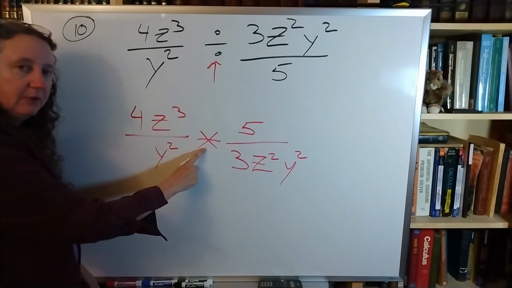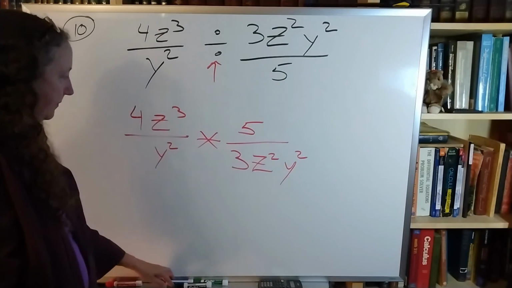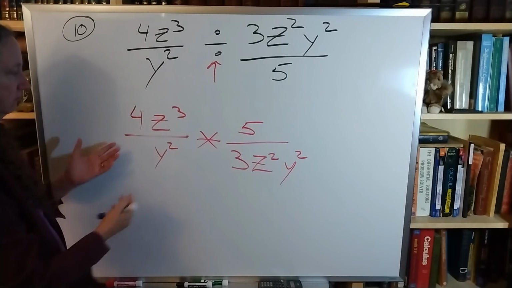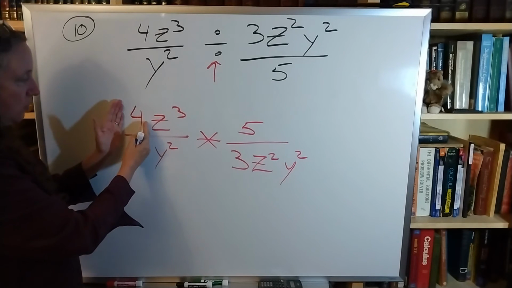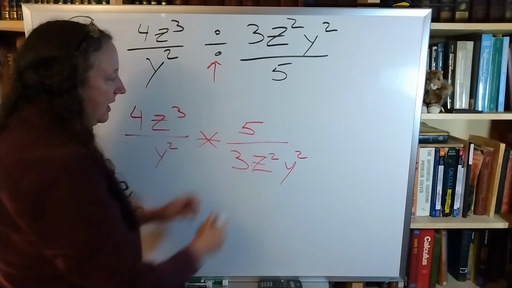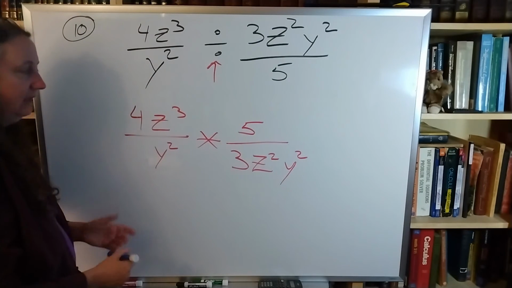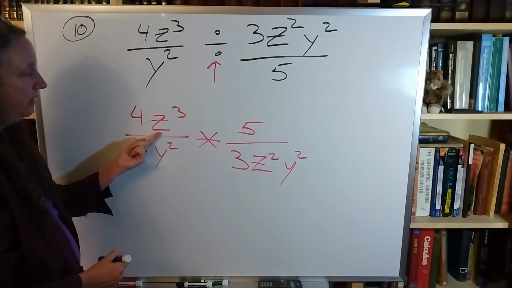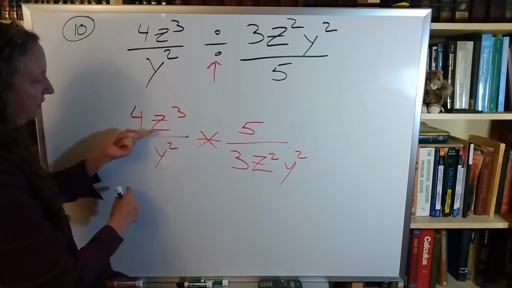Now that I have times, I'm allowed to reduce. So I am looking for my numbers. I have a 4, a 3, and a 5. I don't see anything I can reduce there. I have a z to the 3 on the top. I'm looking for z's on the bottom.